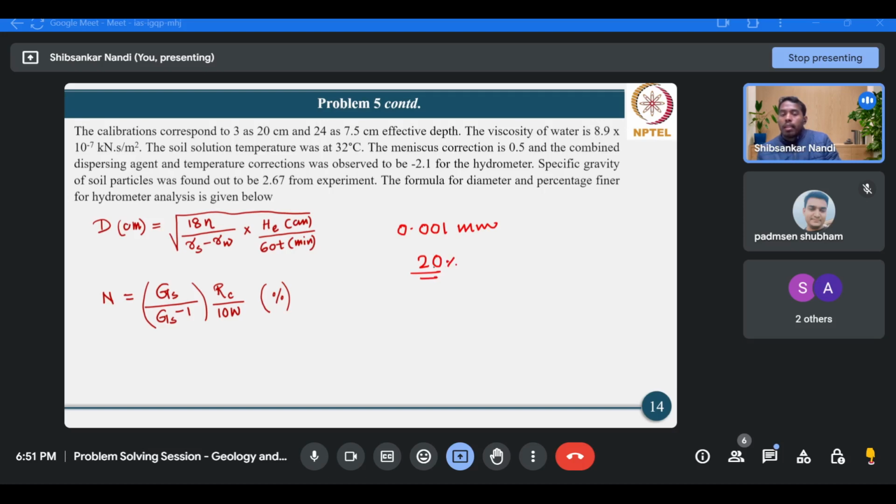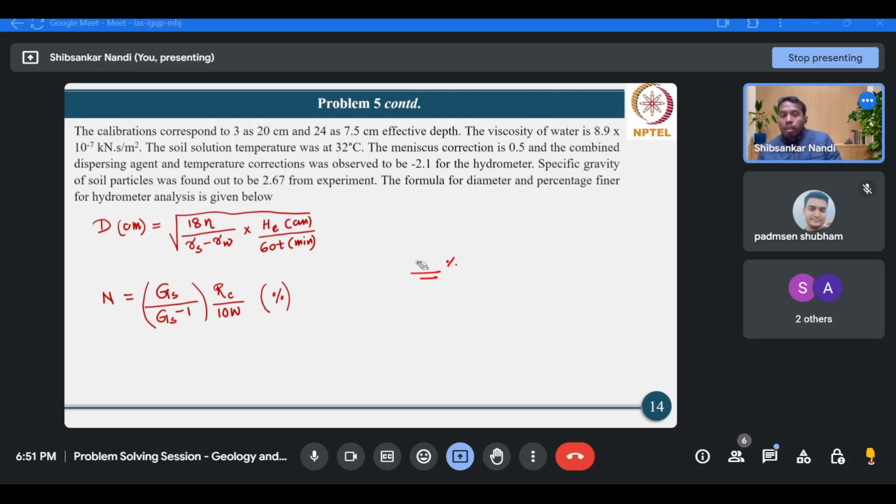That indicates 20% of the total mass of the sample taken for this test is finer than this particle size. So 20% of the particles will be finer than this size. This is the physical significance of the data we will have after the calculation.